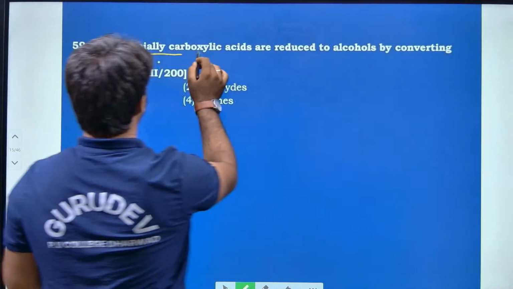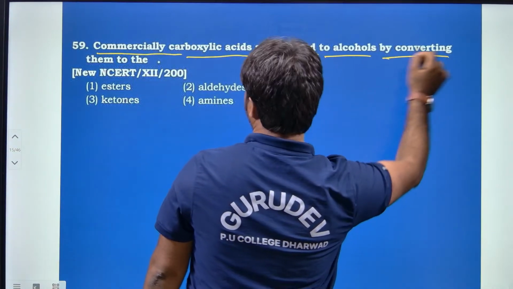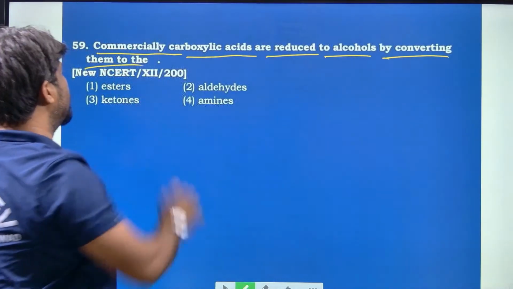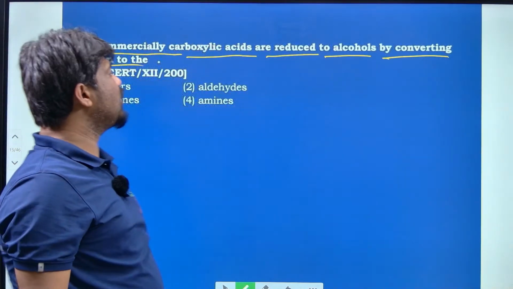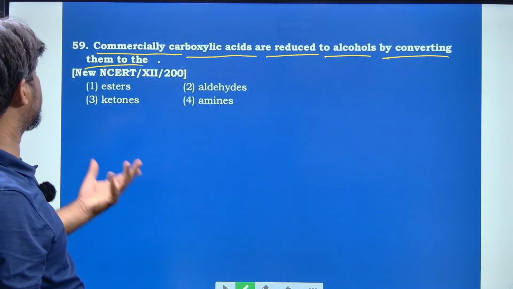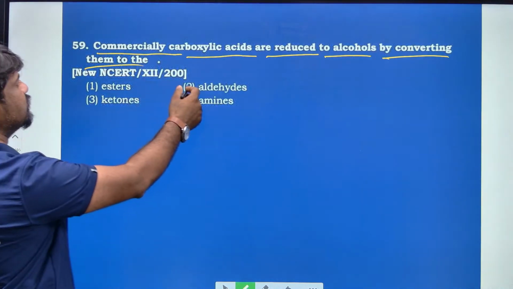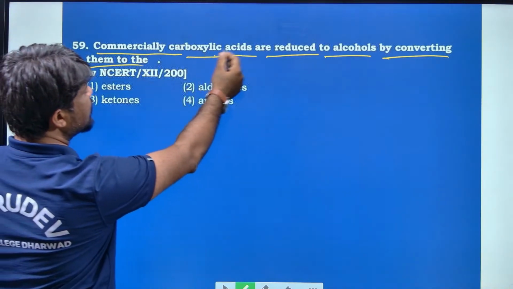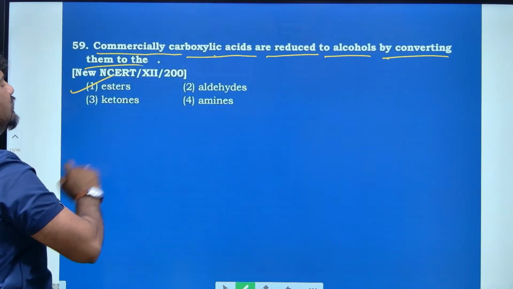Commercially, carboxylic acids are reduced to alcohols by converting them to what? Which compound can I take here? Among these, I can get the carboxylic acid and reduce it to alcohol by converting it to an ester.